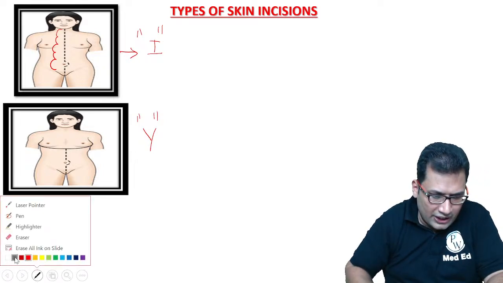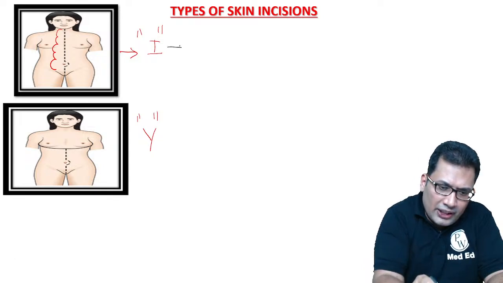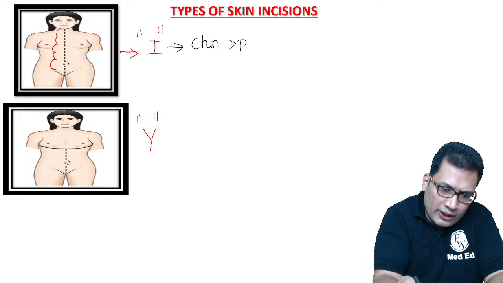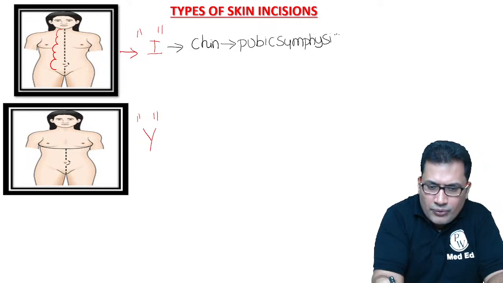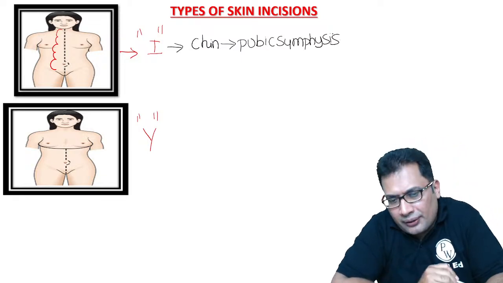What is eye-shaped incision? It is from chin to pubic symphysis. So this is the commonest skin incision.